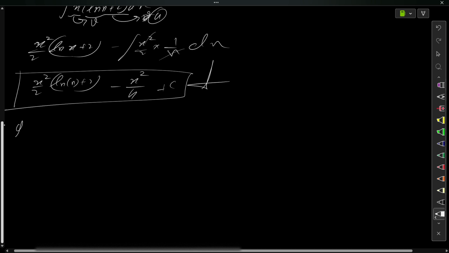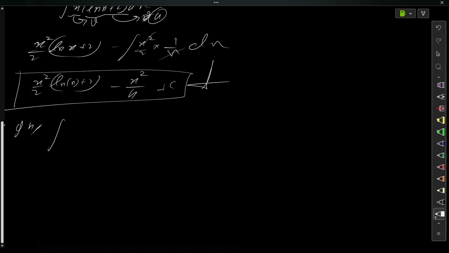Question number 4. It's asking to evaluate the integral of dx over x ln x plus 2x.